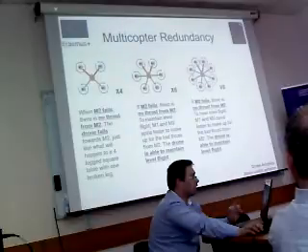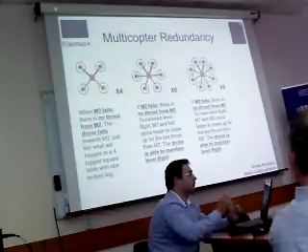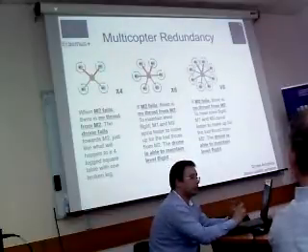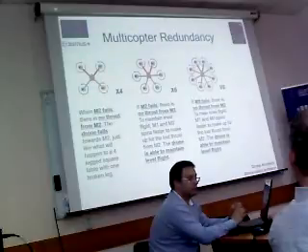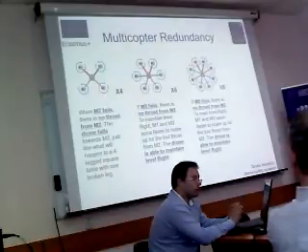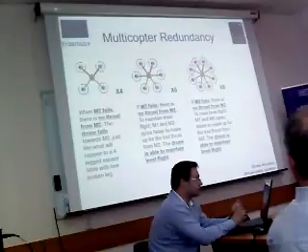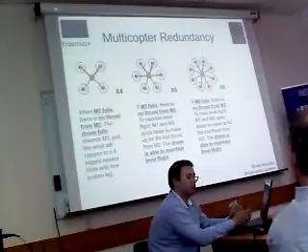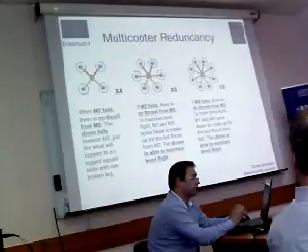We can also look at redundancy from different levels. So when it comes to safety, one key consideration is propulsion redundancy. However, not all drones are made equal, and it is important for operators to understand the key differences between drone motor configurations and the specific behavior of each configuration under failure.